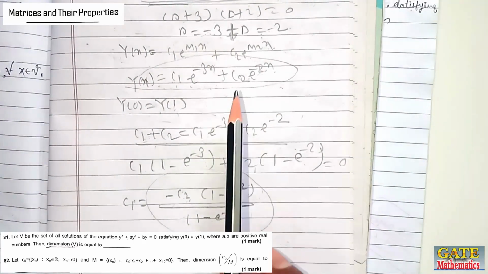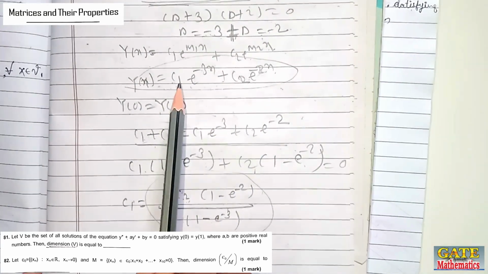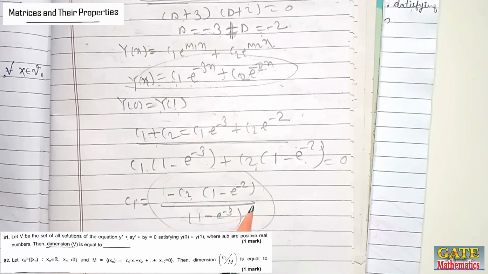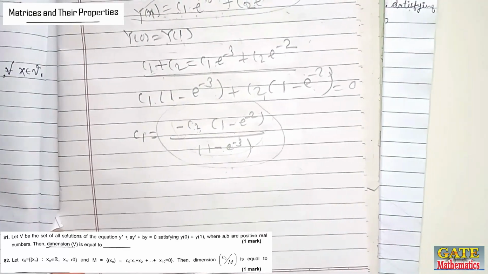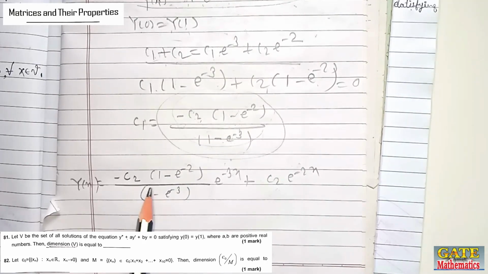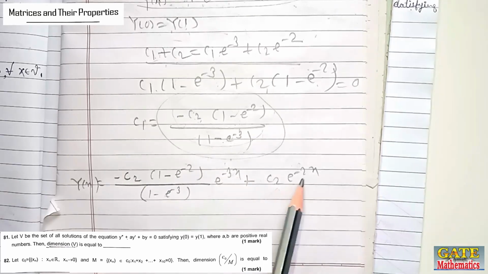So we can write c1 this way, times e to the power minus 3x. Let me write it again here. So our solution is c2 times this term, e to the power minus 3x, plus c2 times e to the power minus 2x.